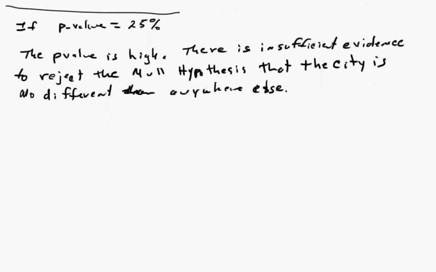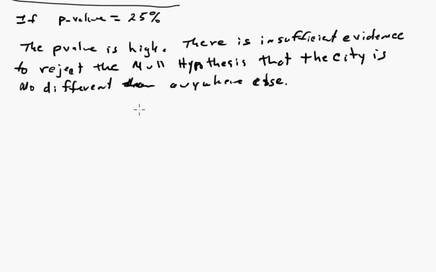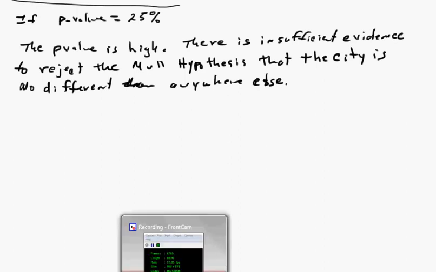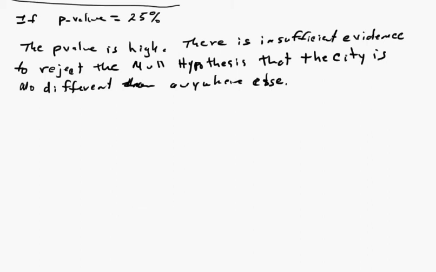Again, it goes back to the jury trial analogy. We never proved O.J. innocent. There was just insufficient evidence to prove O.J. Simpson was guilty. All right, so that's an introduction. Hopefully this helps, but it really takes practice and just doing a bunch of them. So good luck.